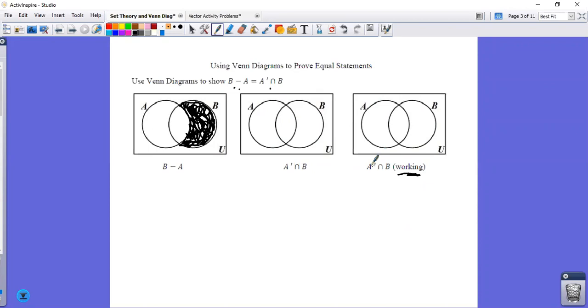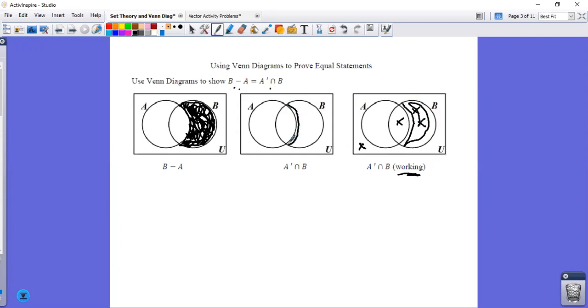So like A complement is this area and this area, right? And then B is here and here. So where do those two intersect? It's where I marked both of them with X's, right? So the only intersection is that part there.